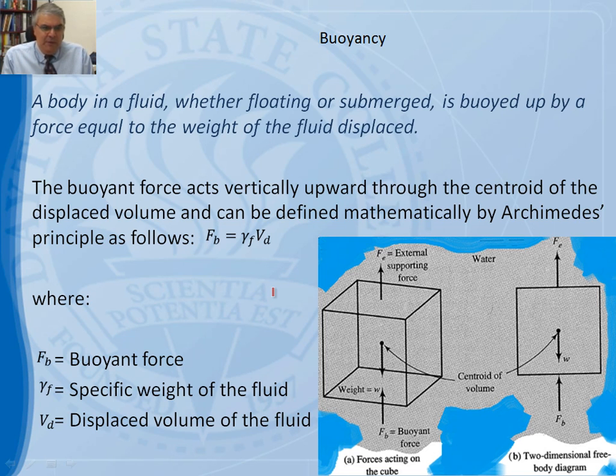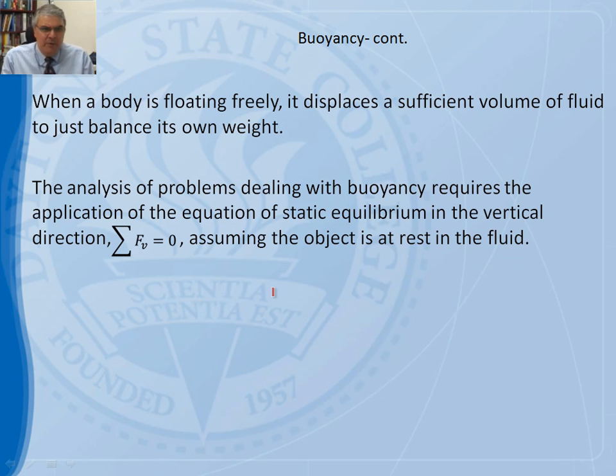In this case, we would like to calculate the buoyant force. The buoyant force would be the specific weight of the fluid multiplied by the volume of the fluid that it displaces. So it's important for us to understand. F sub B in this case is the buoyant force, gamma is the specific weight of the fluid, and V sub D is the displaced volume of the fluid.